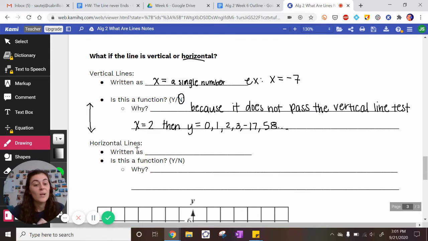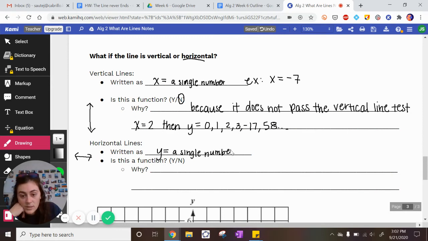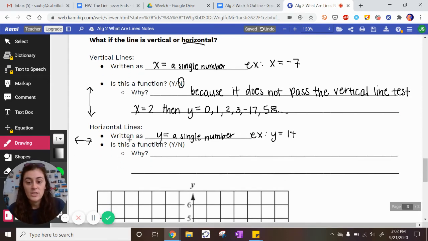Horizontal lines definitely are a little bit calmer. Horizontal lines are our side-to-side lines, and they're written a little bit more similarly to point slope or slope intercept because it starts with y equals, and then what you'll have here is a single number. So y equals a single number. An example of this might be y equals 14. Vertical and horizontal lines are very basic forms of lines, so they don't really have much going on with their equations.